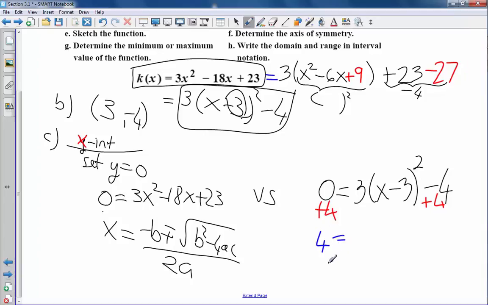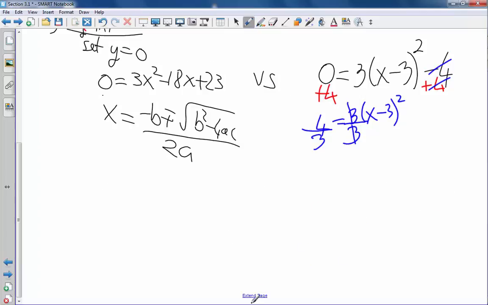So this is 4 equals 3 x minus 3 squared, and divide both sides by 3. And take square root of both sides.